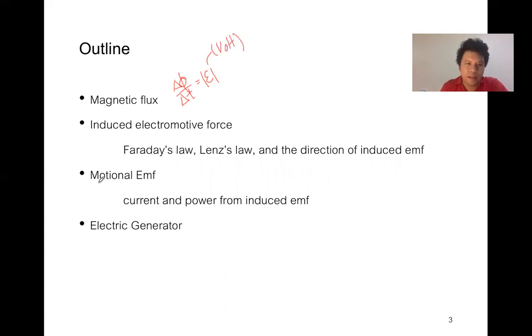Then motional EMF, which is the electromotive force generated by the motion of some object. And finally, we discuss the electric generator.